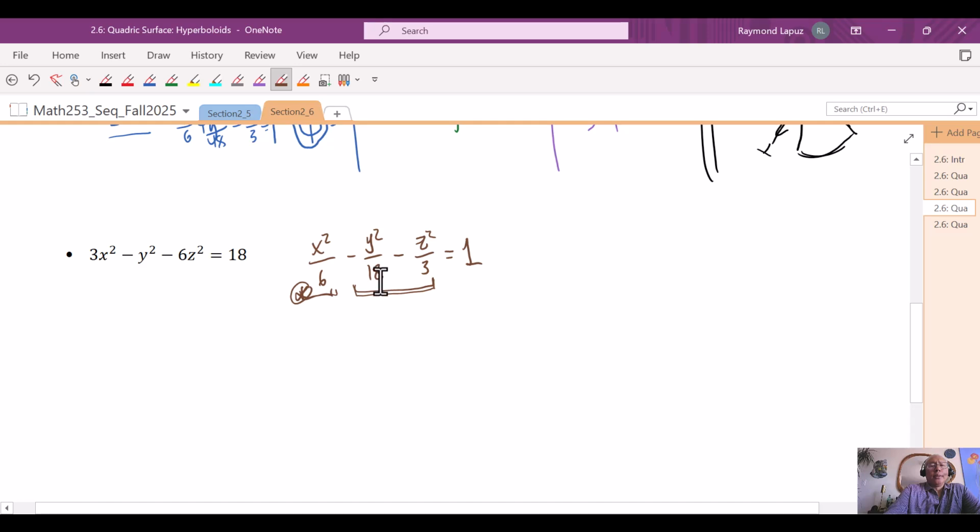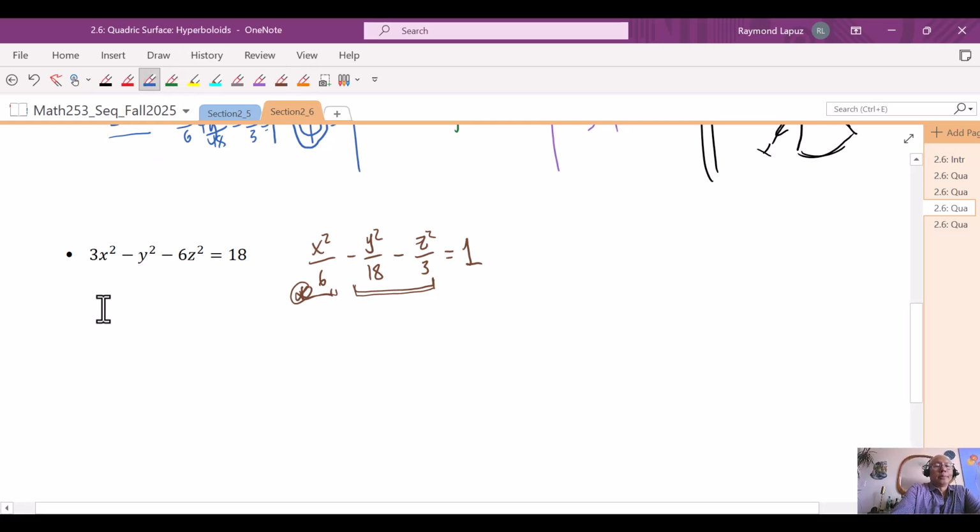So let's use that information to try to create how this thing might look by looking at the traces. So the traces, remember, are the cross sections, the curves that you would get when you slice it with a plane that's parallel to the coordinate plane. And let's start with the coordinate plane, YZ plane, where x is equal to 0.